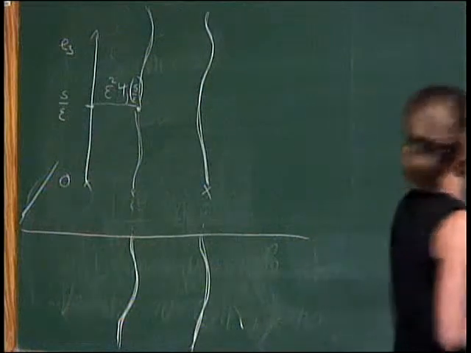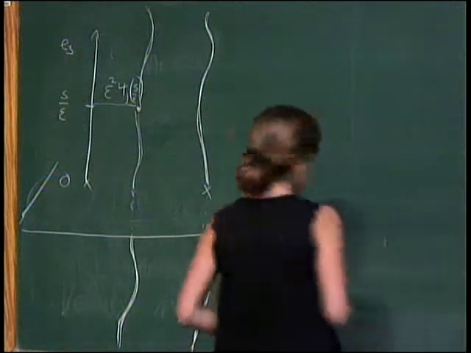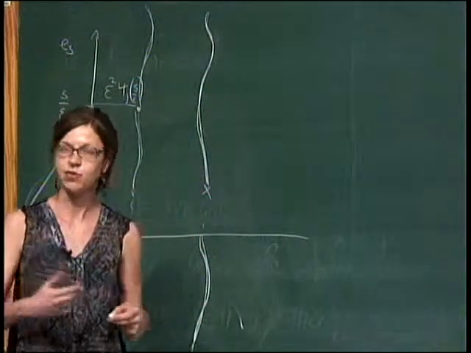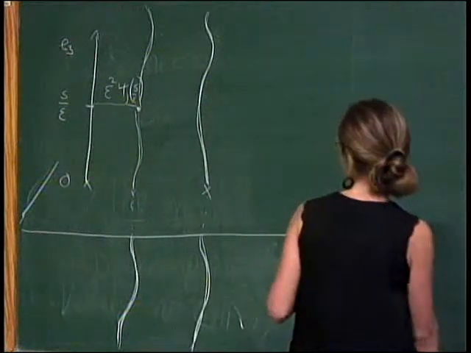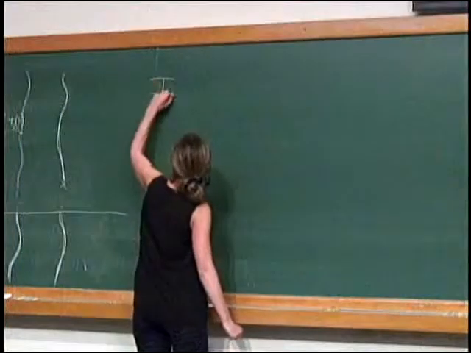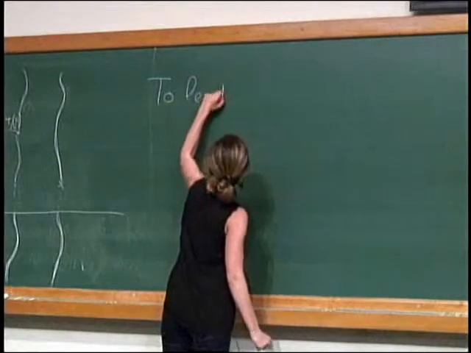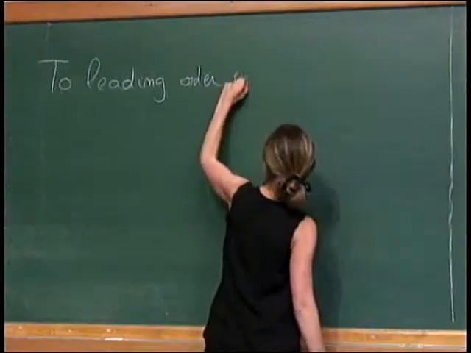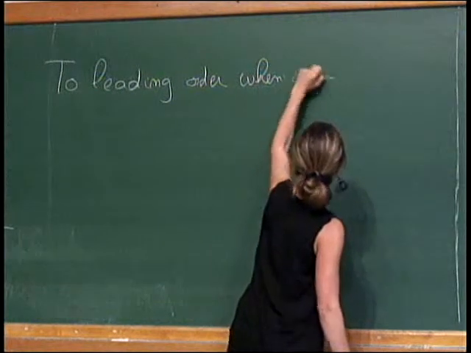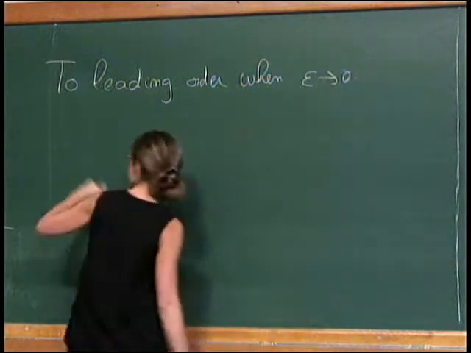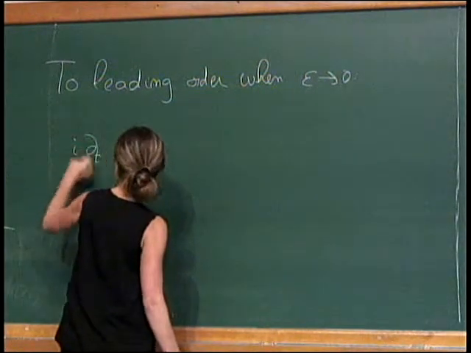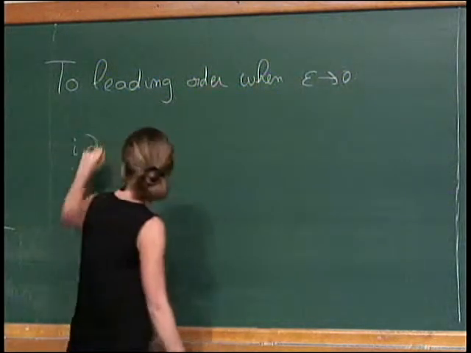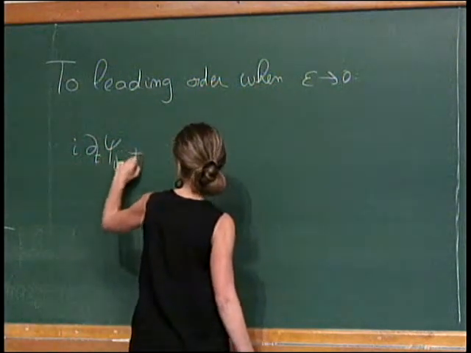In this regime, they derived to leading order in epsilon, when epsilon goes to 0, the following system of equations for the profiles psi j.